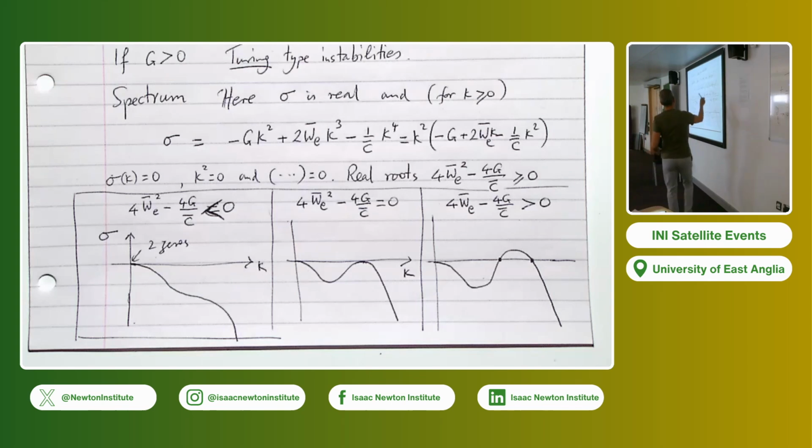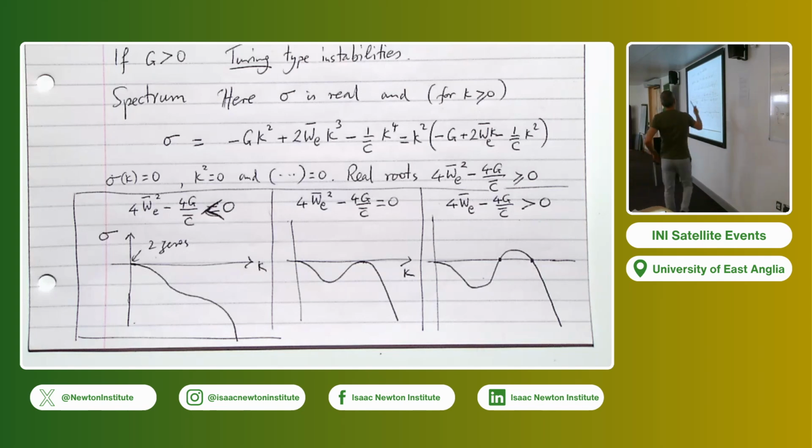So, let's start with a weak electric field. In other words, this is less than 0. G is positive, so this is less than 0. So I get 2 zeros there, and then everything is stable. I get a picture like that.